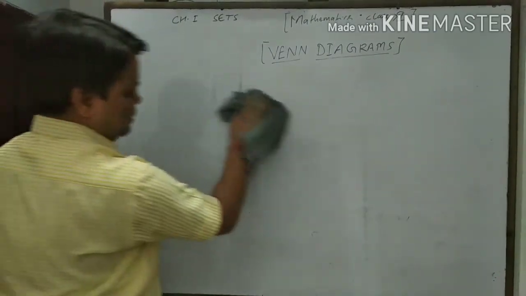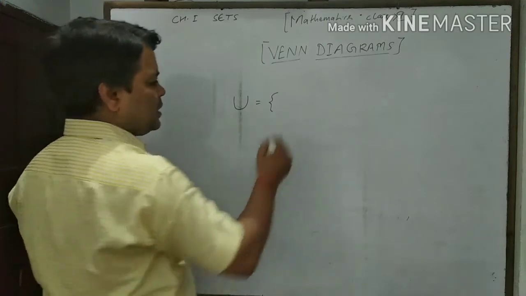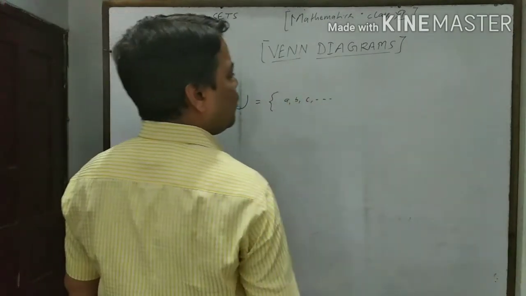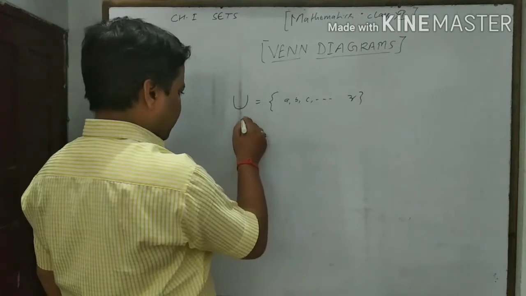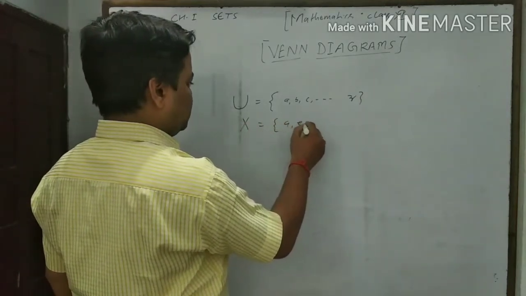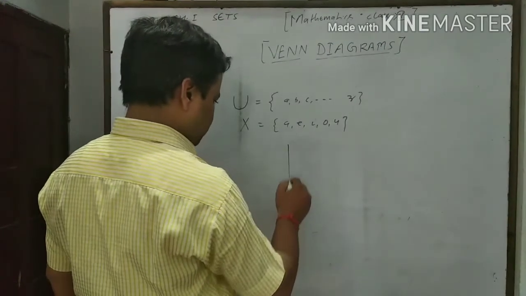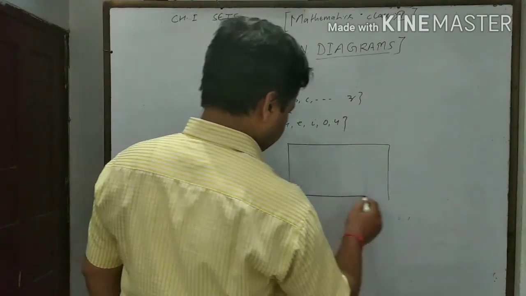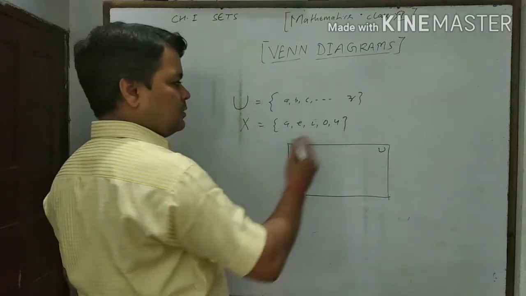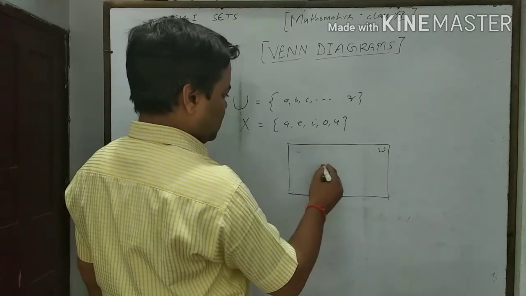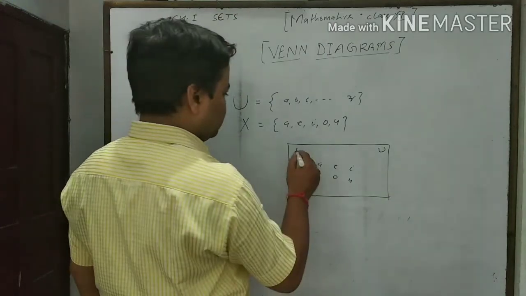Here the universal set is A, B, C, and so on up to Z, and a set X is A, E, I, O, U. Then how do we represent it? We make the universal set, and we write all the letters here. We put A, E, I, O, U, and B, C, D.